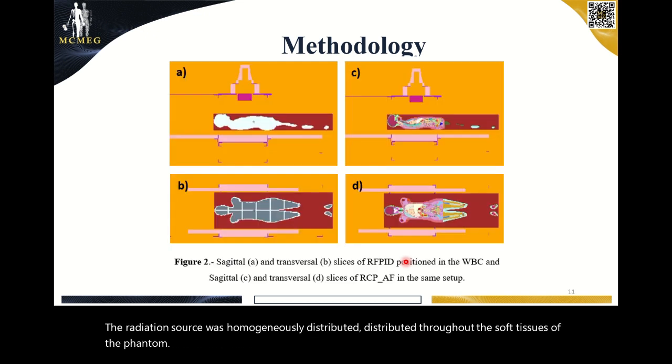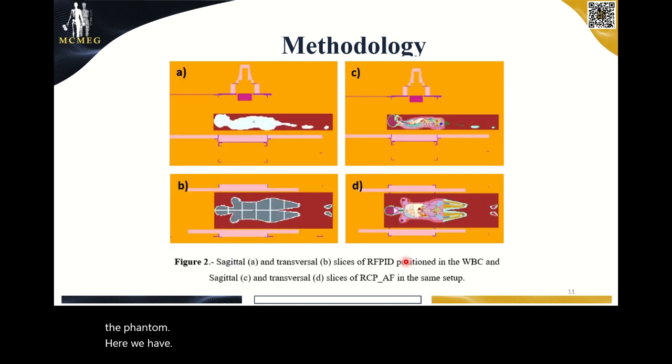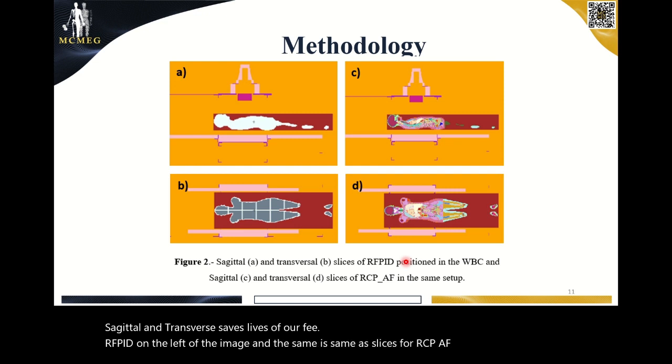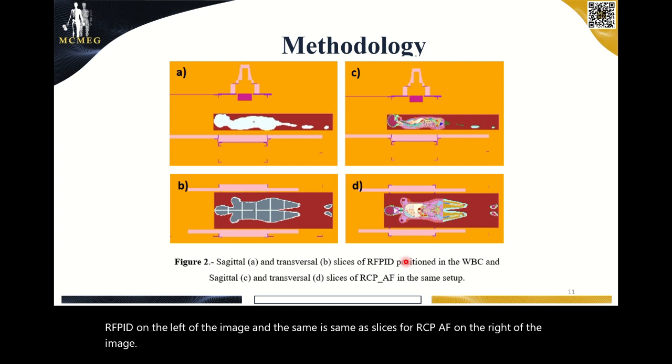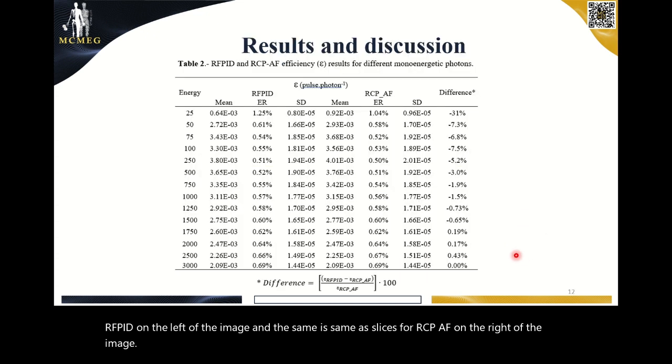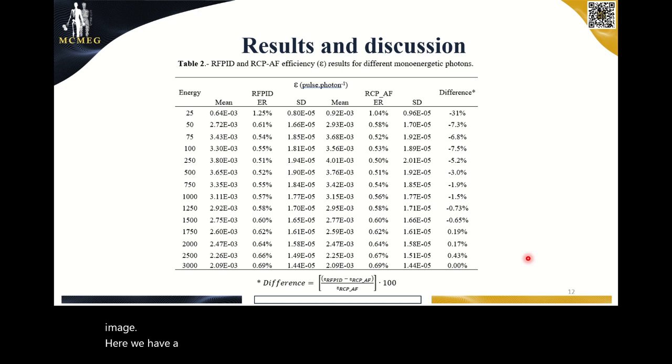Here we have a sagittal and transversal slice of RFPAT on the left of the image, and the same slices for RCPAF on the right of the image. Here we have a table with the efficiency results for RFPAT and RCPAF for different monoenergetic photons.